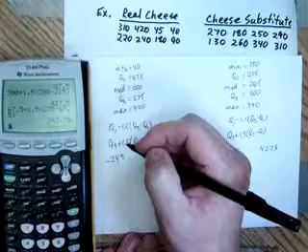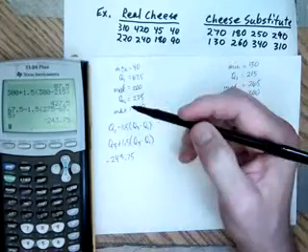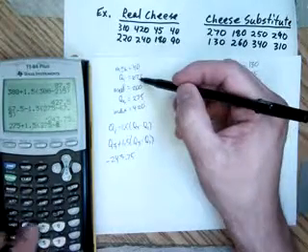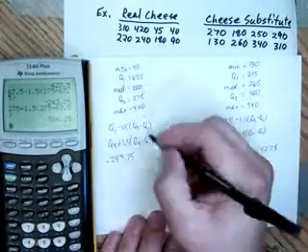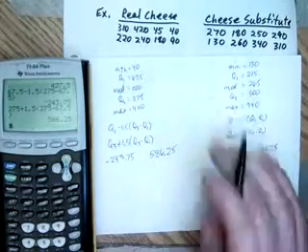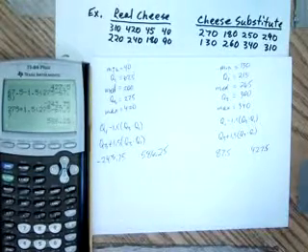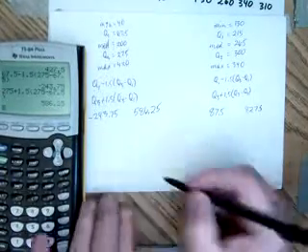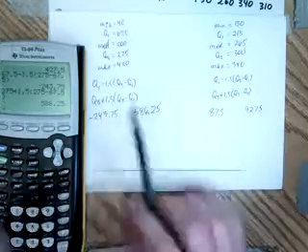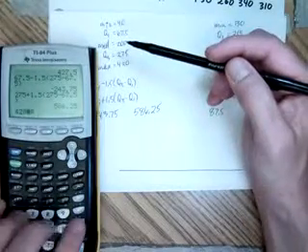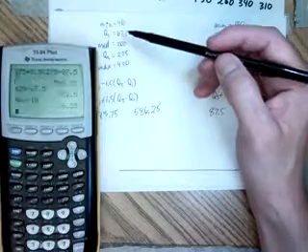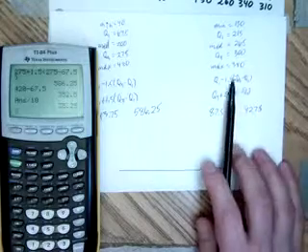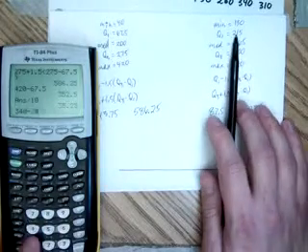Now you can calculate your cutoff values for max and mins at this time using Q1 minus 1.5 times Q3 minus Q1 and Q3 plus 1.5 times Q3 minus Q1. So for this cheese substitute, if I start with the Q1 of 215, I can minus 1.5 times a Q3 of 300 minus a Q1 of 215.